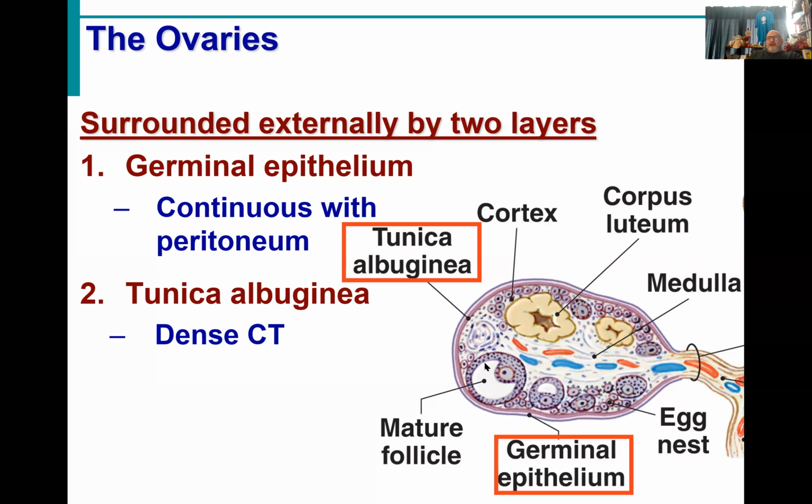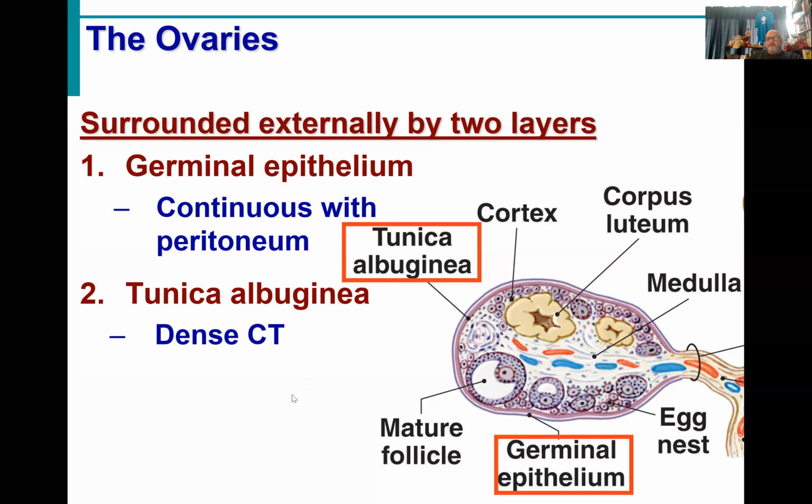Inside of that germinal epithelium, once again, we have a fibrous white connective tissue that forms the bulk of the structure, just like the testis. That is called the tunica albuginea.